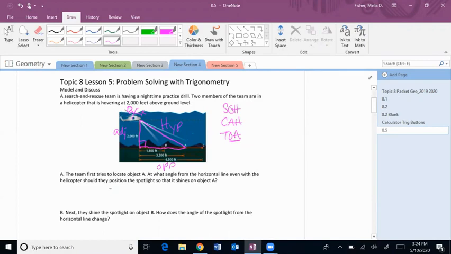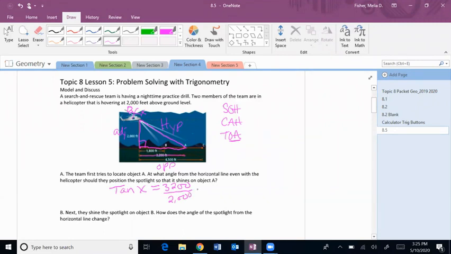We're going to be able to find the tangent of x, and that's going to equal the opposite, which is 3,200 feet, over the adjacent, which is 2,000.